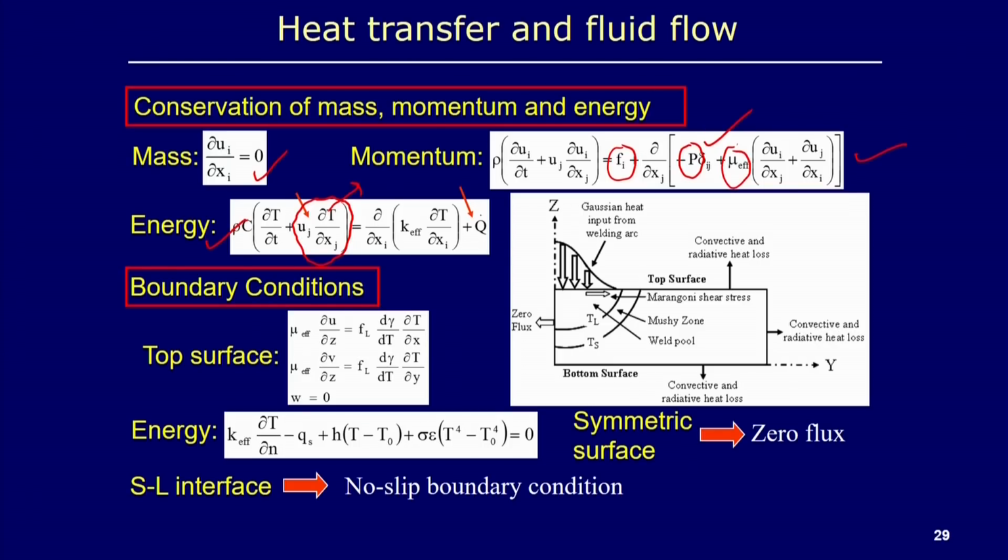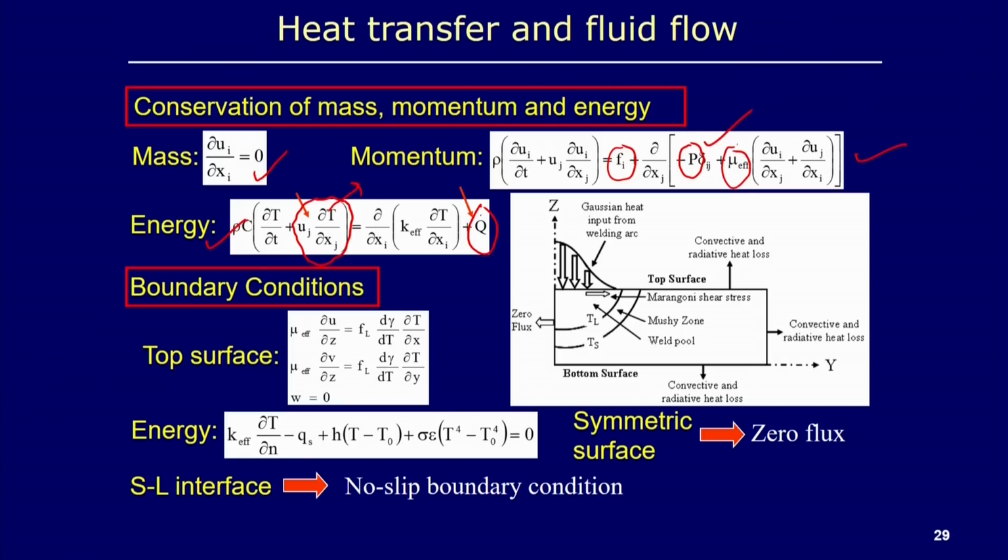The absence of this term is simply the heat conduction equation. Here Q dot is the internal heat generation term. Normally, when modeling the fluid flow phenomena in fusion welding processes, it is not necessary to consider the Q dot term, as in the arc welding process. So only the surface heat flux is sufficient.